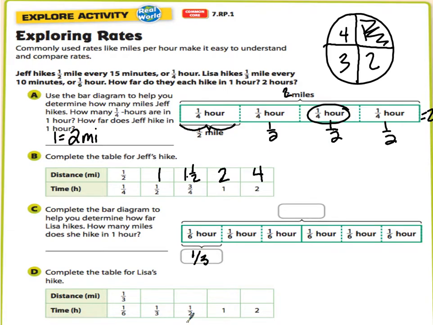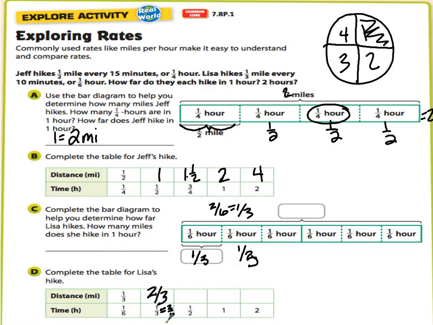Okay, so now, once she's gone another 1/6 of an hour, she's gone another 1/3. So that's 2/3. Okay, and 1/6 plus 1/6 would be 2/6, which is equal to 1/3. So down here where it says 1/3, that's the same thing as 2/6.